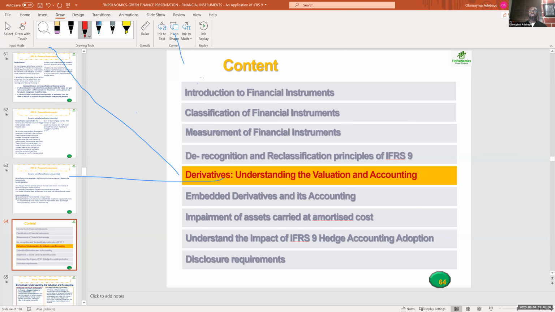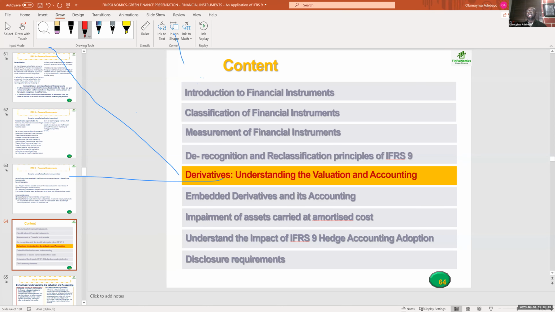Which then means that when you write a derivative contract, upon initial recognition, it is usually of no value, or at least of a small value, which we discussed under option, where you have to pay a price, option price or premium, or in a forward contract where you have to put up an initial margin. Those are the only situations where you invest a little amount, but at other points, under swap and forward, you invest no amount. And remember, we said a derivative is a contract between two counterparties.